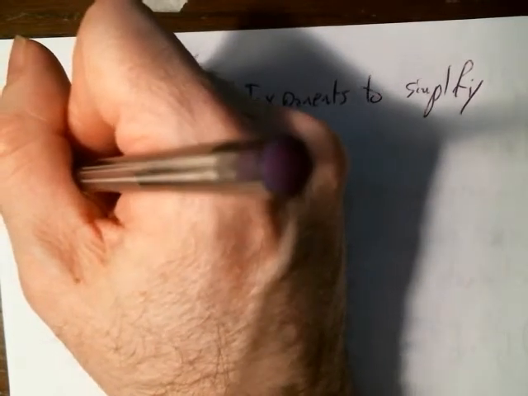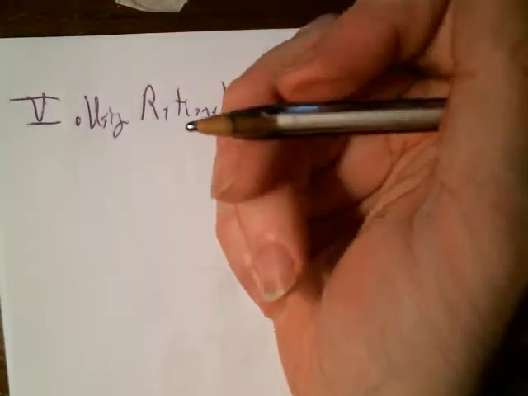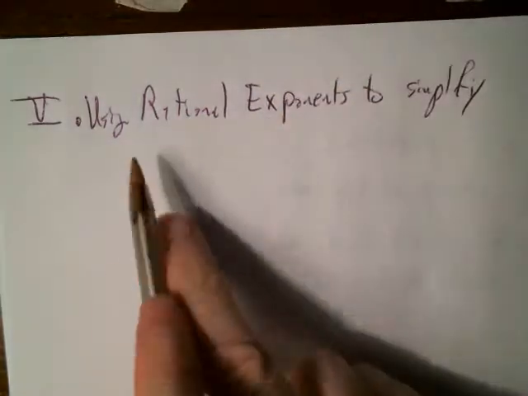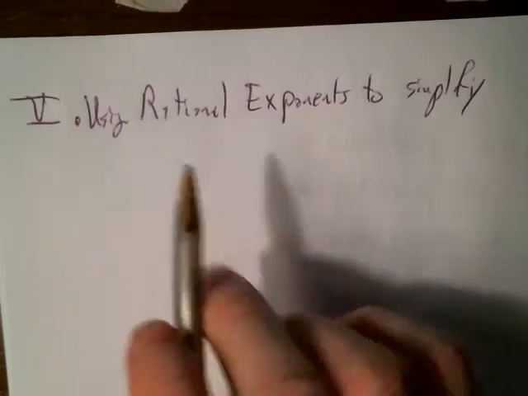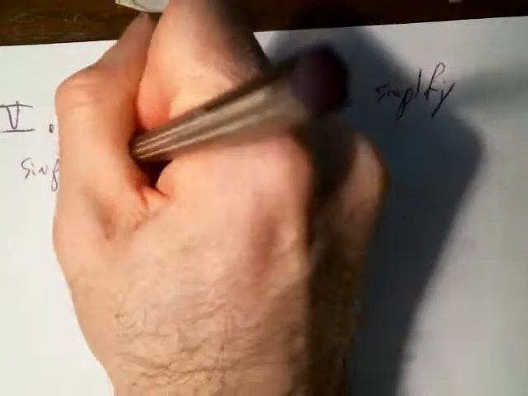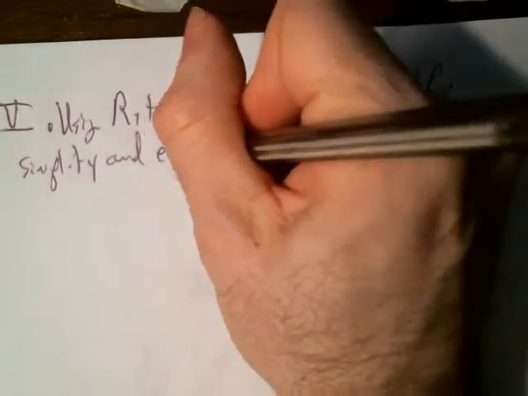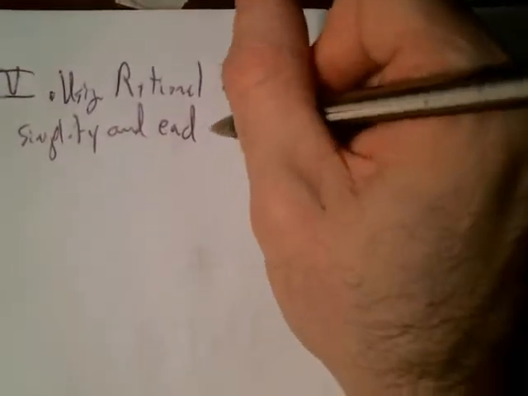And the problem type, they want you to simplify and then put it back into radical notation. Okay, so simplify by converting to rational exponents, and then end with a radical of some sort. Okay, simplify and end in radical notation.